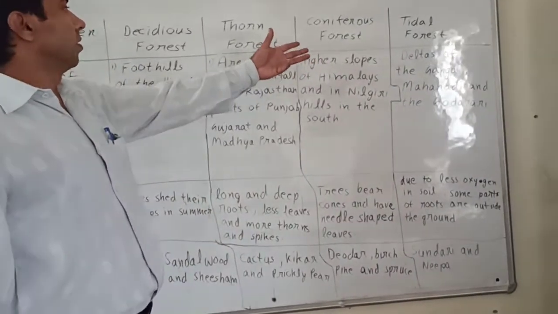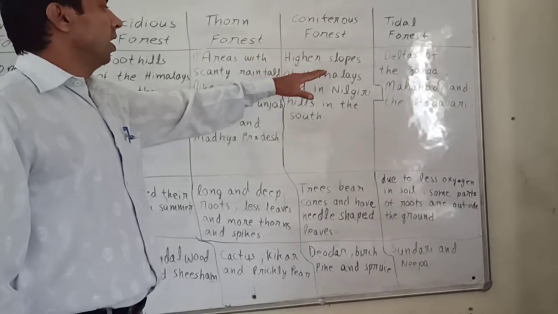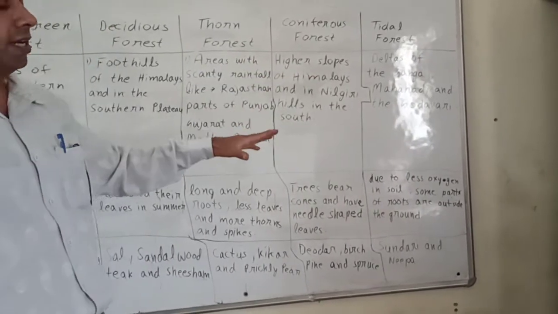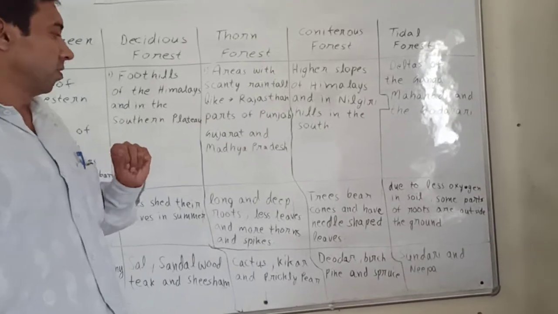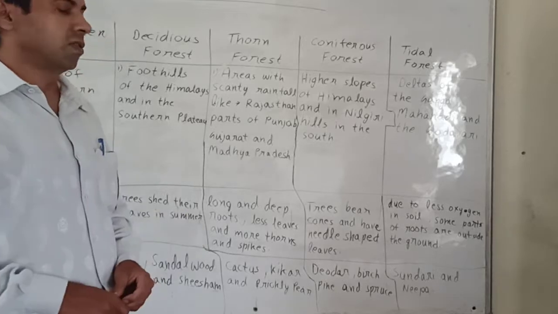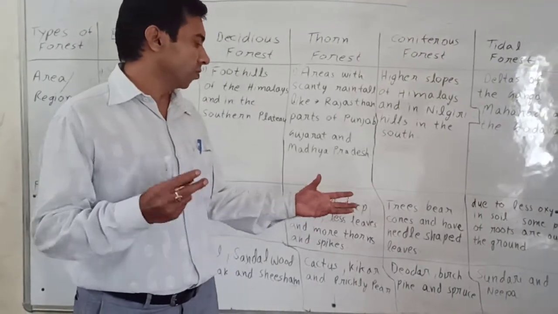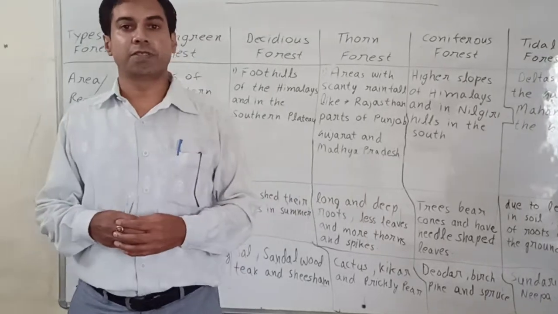Now, fourth, coniferous forest. They are found in the higher slopes of the Himalayas and in the Nilgiri hills in the south. Trees bear cones and have needle-shaped leaves. Students, why do trees have needle-shaped leaves?